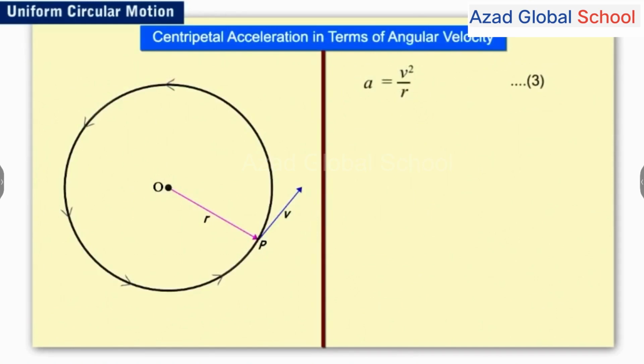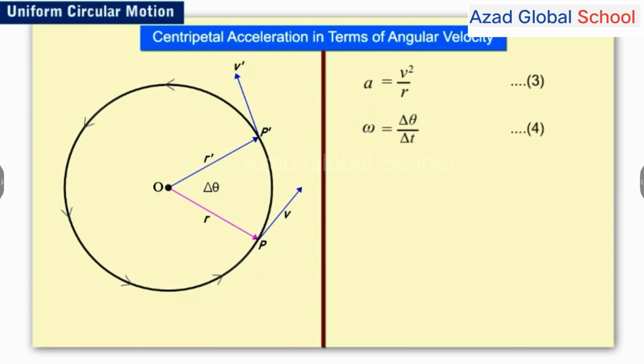Now, let us find the centripetal acceleration in terms of angular velocity omega. As the body moves from P to P' in time delta t, the line OP turns through an angle delta theta. As you know, omega is equal to delta theta by delta t.